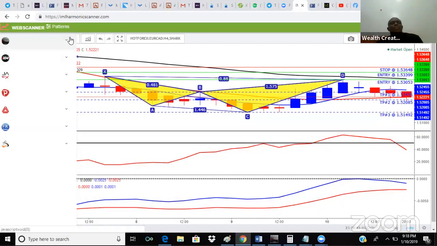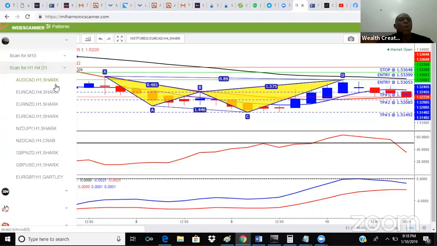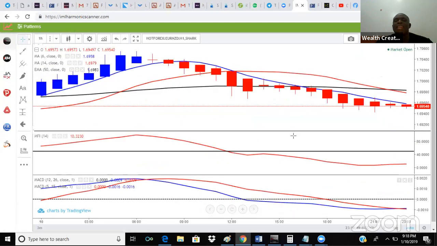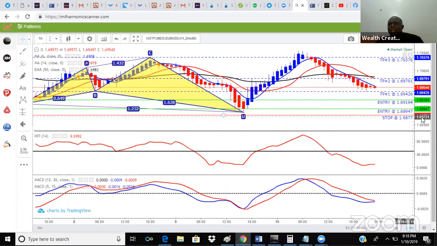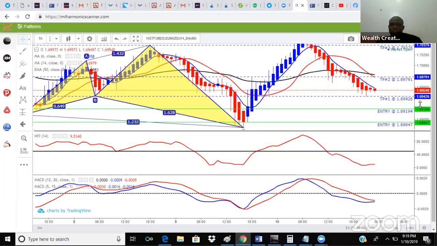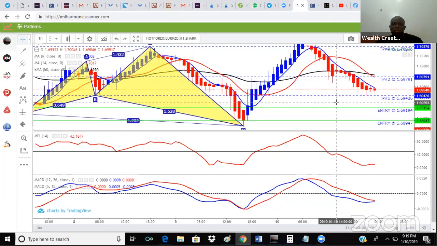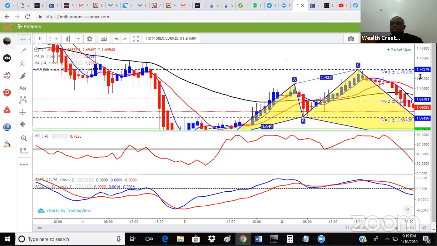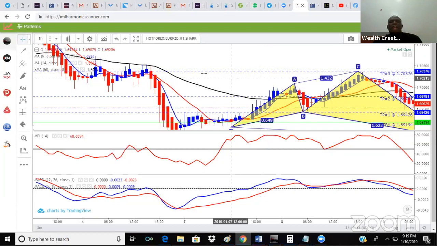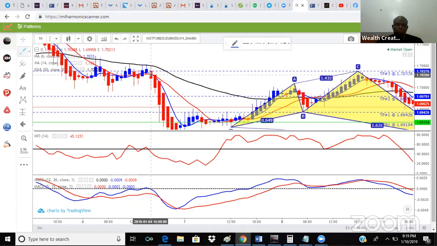So, and on this scalping, you use 1 hour chart. Guys, don't use any other time frame. Look at what is happening here. You want to trade when there is a call or sell here.